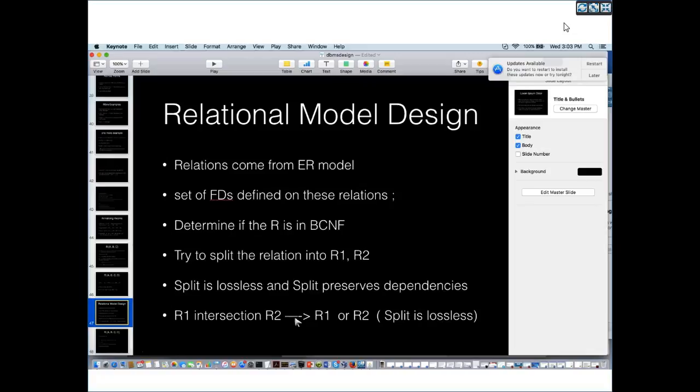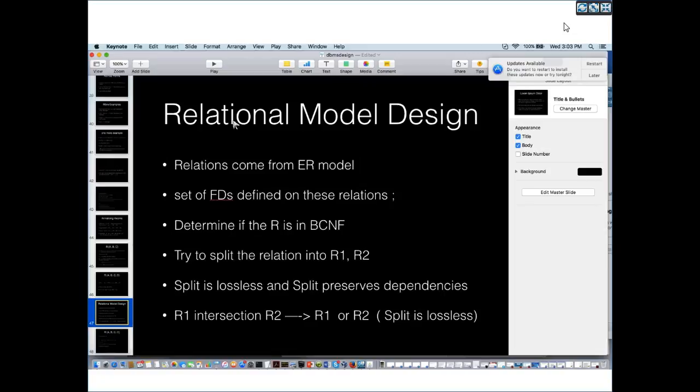This split will give the lossless property. The second one is, if you want to preserve the dependencies, then you have to compute the FD closure, and from the FD closure, you have to get all the dependencies that are part of the FD closure for that particular attribute set, and see if they are all preserved in that split.